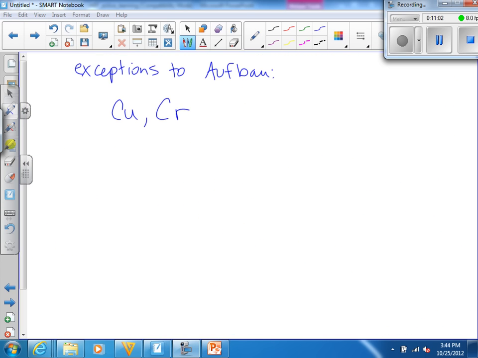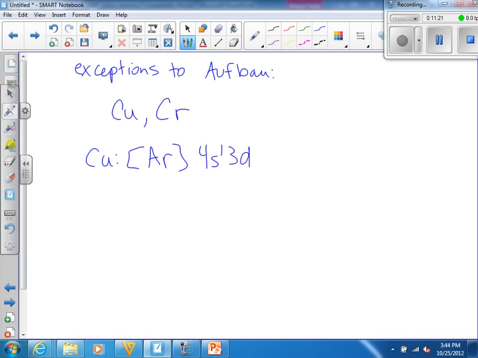Okay, so we have some exceptions to Aufbau's principle. Copper and chromium. So copper, turns out the configuration for copper is argon. We're going to do the shorthand. Argon 4s1 3d10. What happened here, we would have expected to have 4s2 3d9.